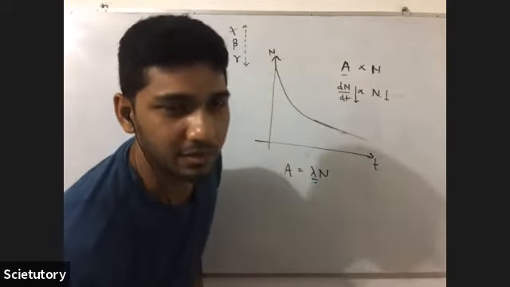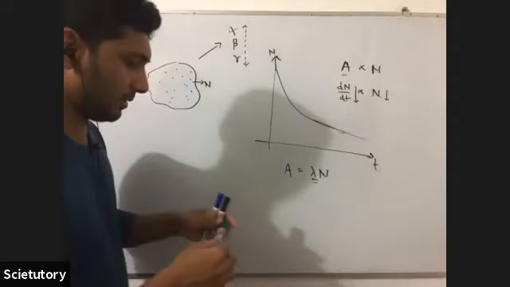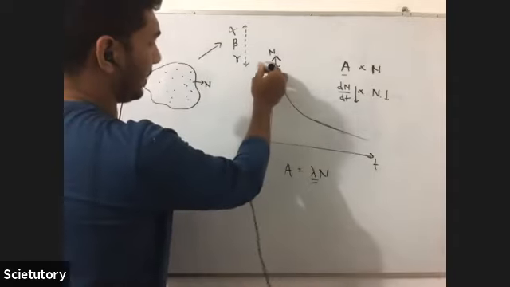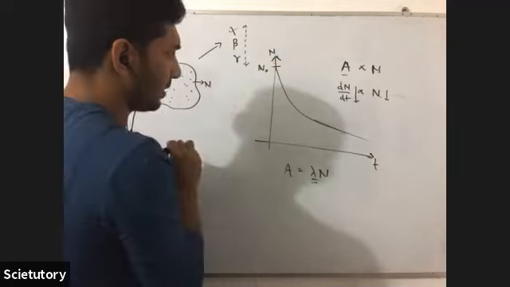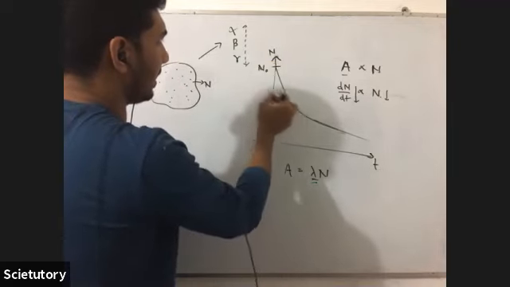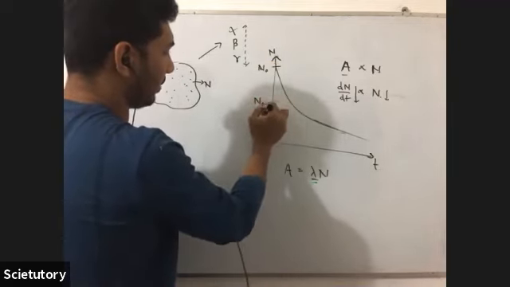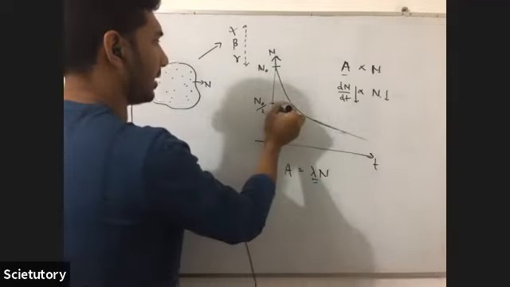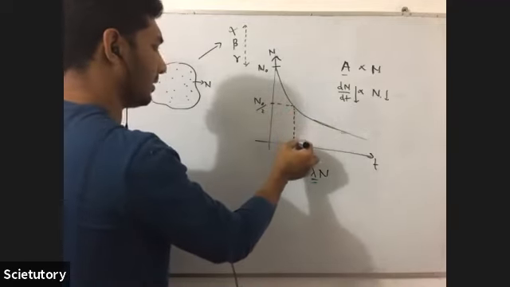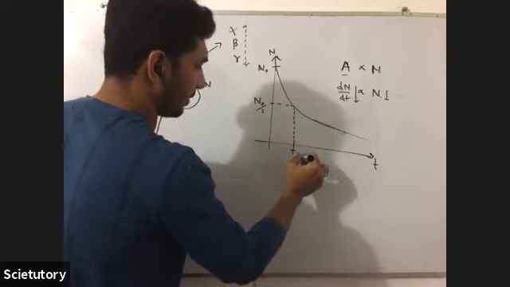For example, the number of nuclei at this point is N naught. At one point it will become N naught by 2, and the time taken for that is called t half.